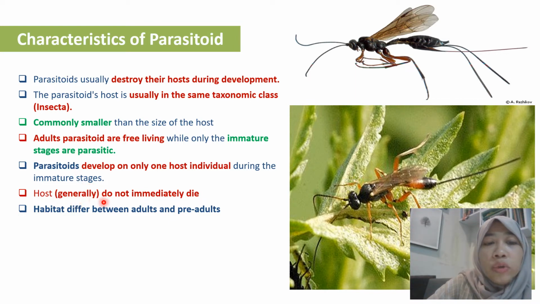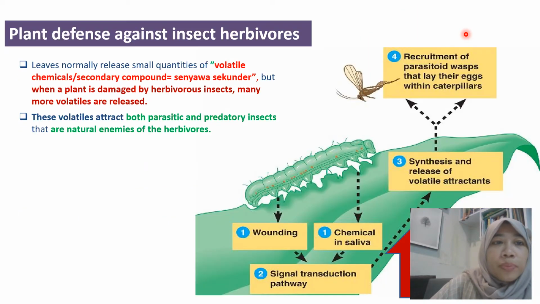Generally, the hosts do not immediately die, and habitat differs between adult and pre-adult. As you know, the adult parasitoid is free living, dia hidup bebas, while the pre-adult or the immature stages are parasitic on the host.